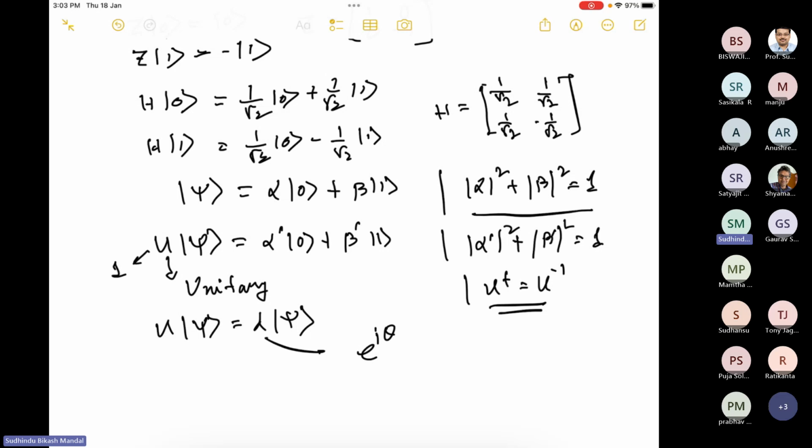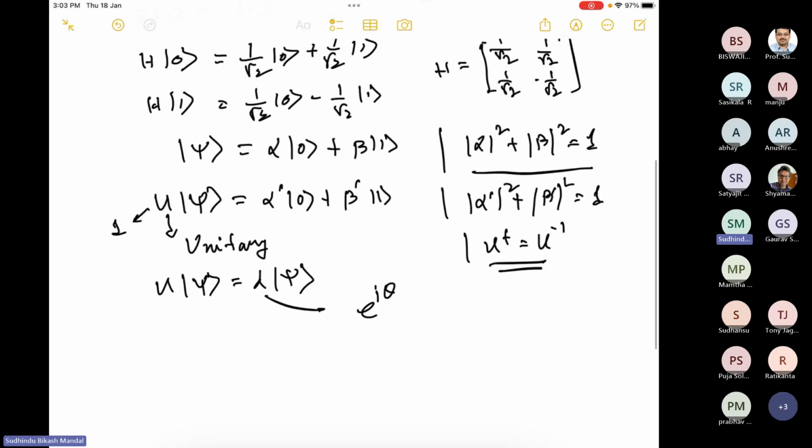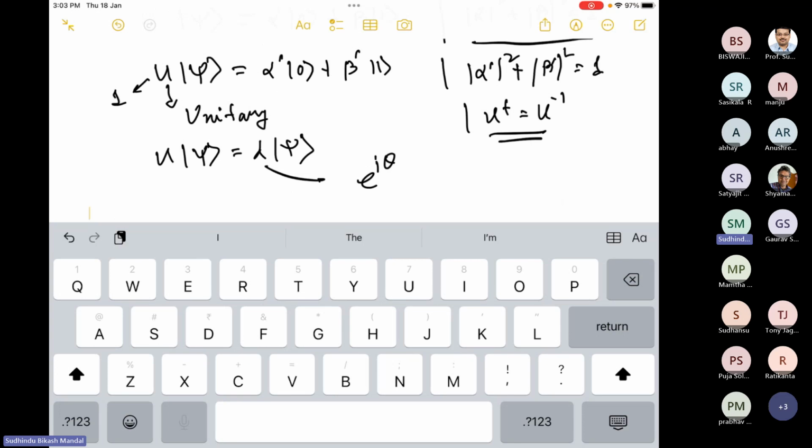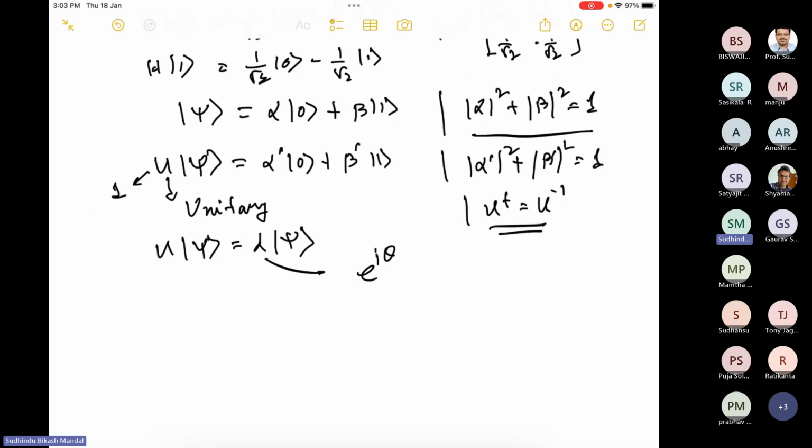Okay. And the third observation from this unitary operator: for the case of a single qubit gate, the unitary operator is a 2 cross 2 matrix, so it has 2 eigenvalues. Suppose one is lambda a, another is lambda b.